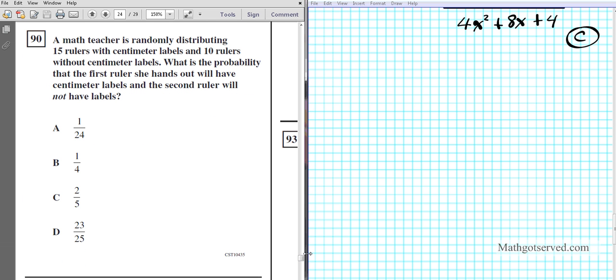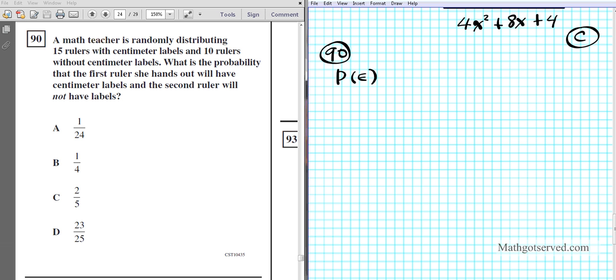It says a math teacher is randomly distributing 15 rulers with centimeter labels and 10 rulers without centimeter labels. What is the probability that the first ruler she will hand out will have centimeter labels and the second ruler will not have labels? Okay? Remember that the probability, let's write out, this is question 90.